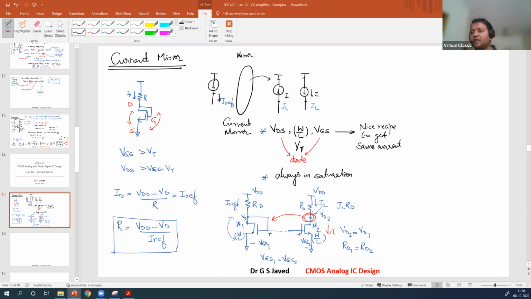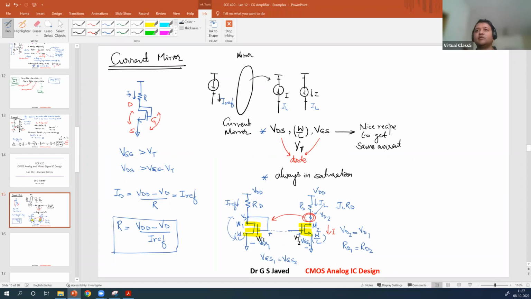So you take the same device, exactly similar to this device, from the same VT family. The only thing you do is connect one device's gate to its drain, so a diode is formed using the same family of transistor. So you ensure VT1 is equal to VT2.